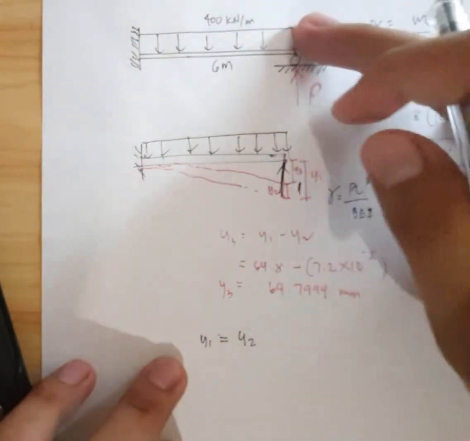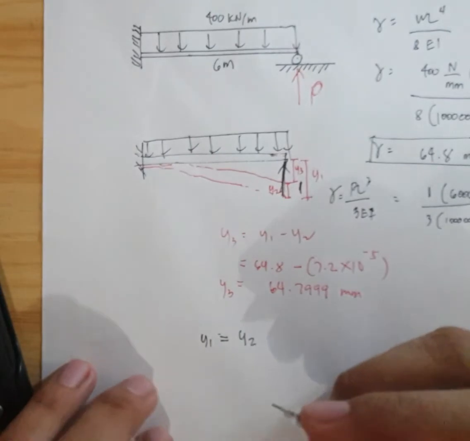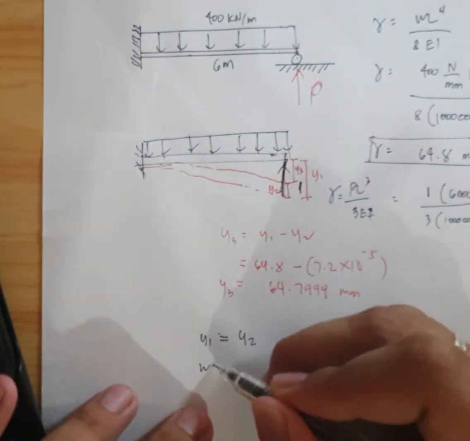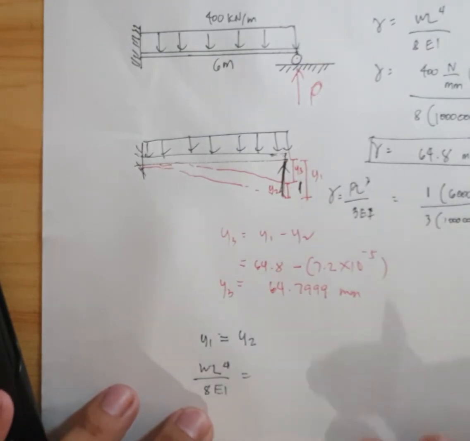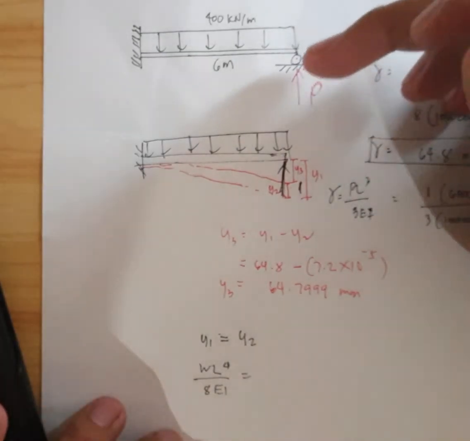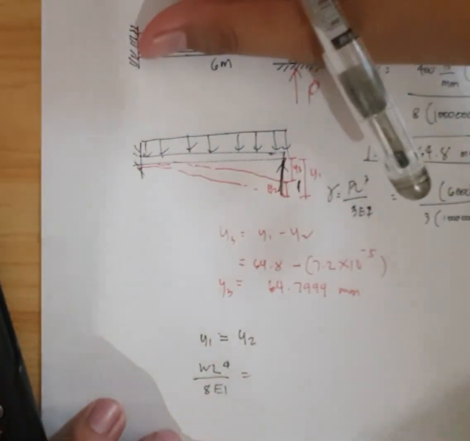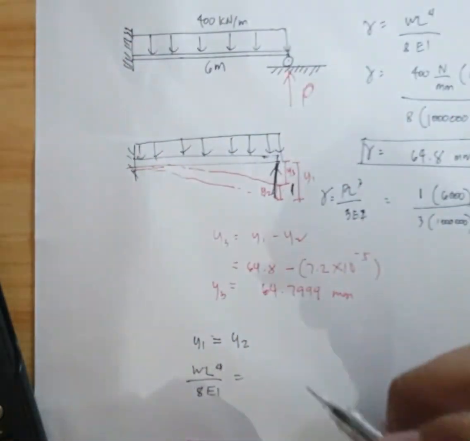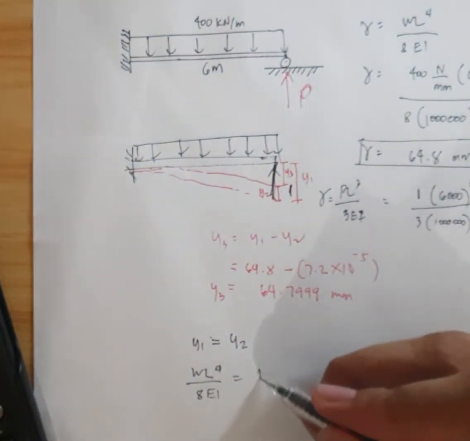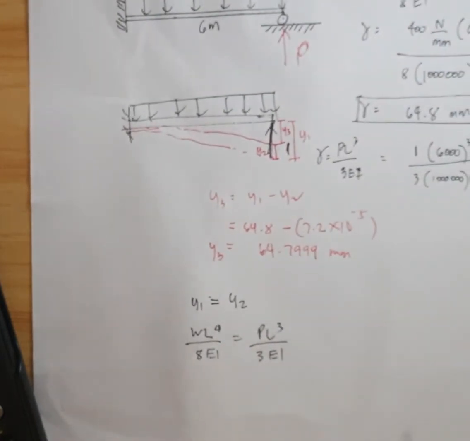That is uniformly distributed load on a cantilever, that is WL to the 4 over 8 EI equal to concentrated load at the end of a cantilever. Kung tanggalon ni mo na, that is concentrated load on a cantilever, that is PL cube over 3 EI.